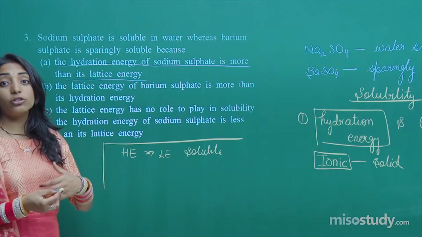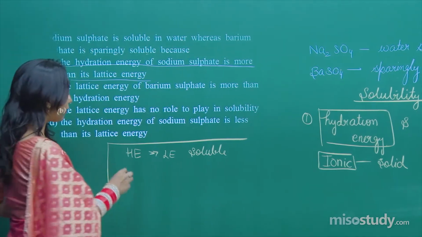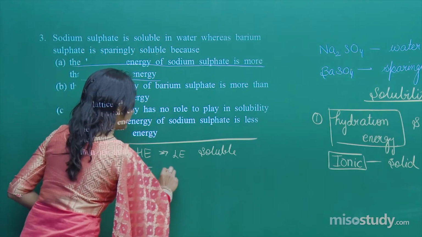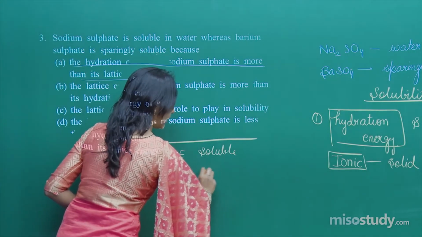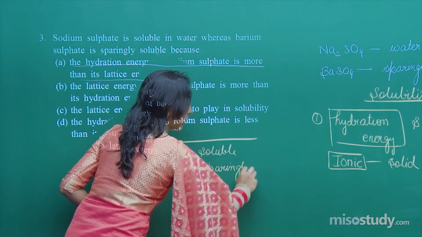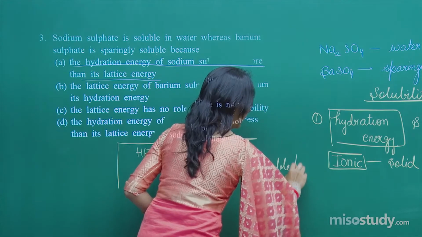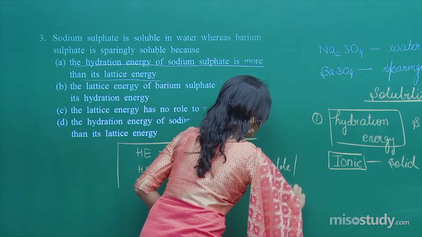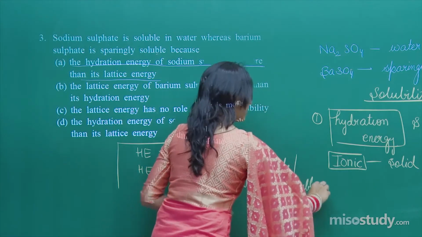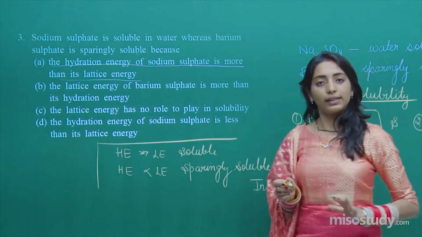Hydration energy is the energy released when a compound is dissolved in water. However, if hydration energy is lesser than lattice energy, then the compound will be either sparingly soluble or it will be insoluble. Right? So this is all the detail that we already have discussed in our session.